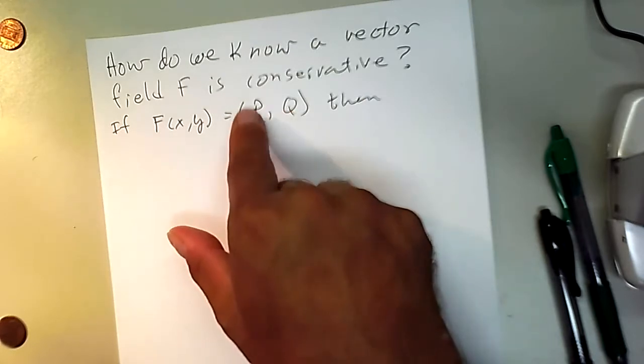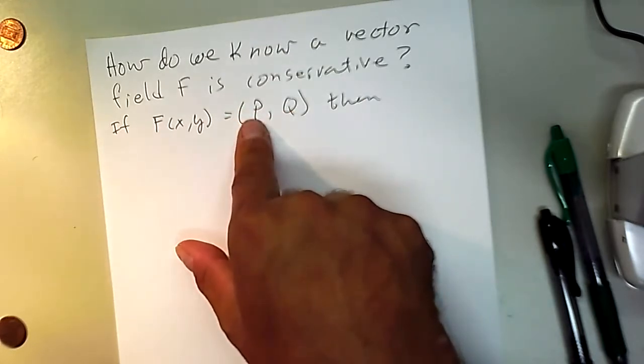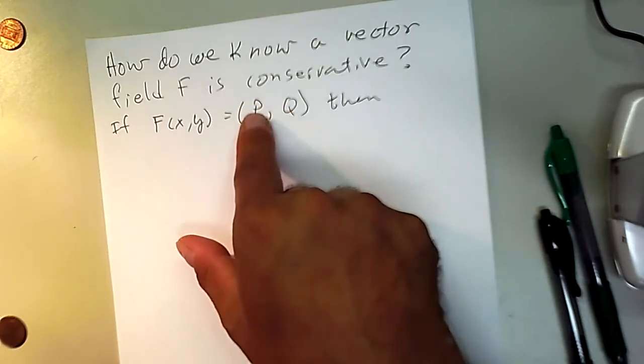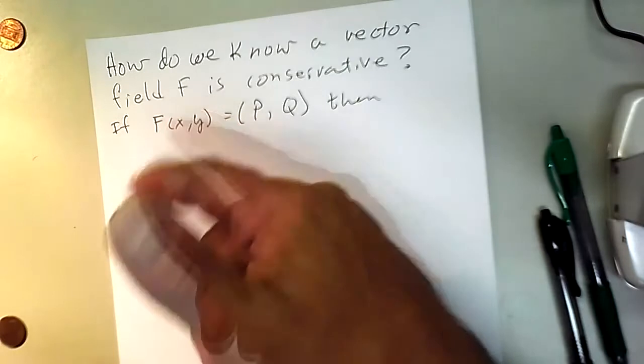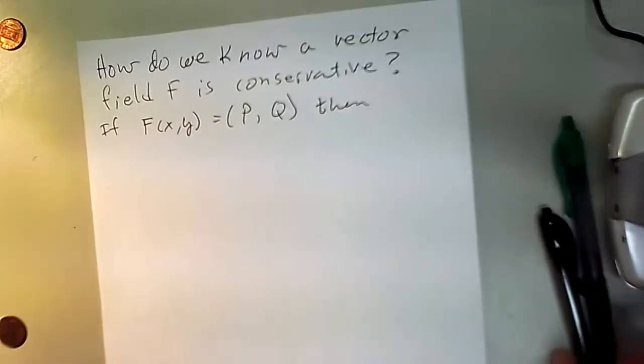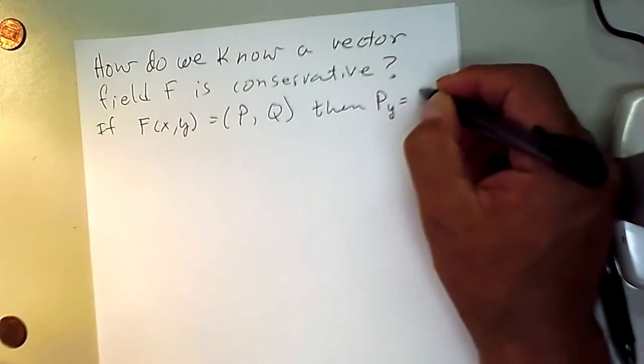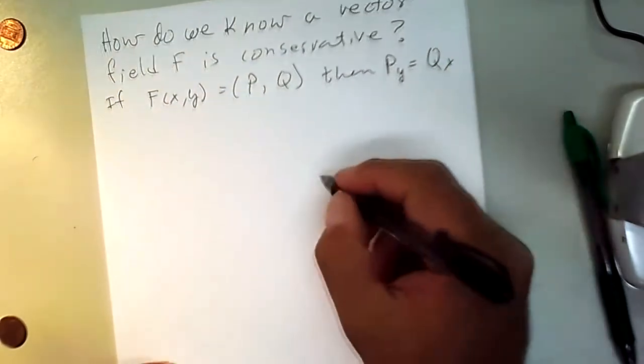So consequently, if we take the derivative of P with respect to y and the derivative of Q with respect to x, we should have equality because they would come from the same function. So P_y would be equal to Q_x. This is the situation.